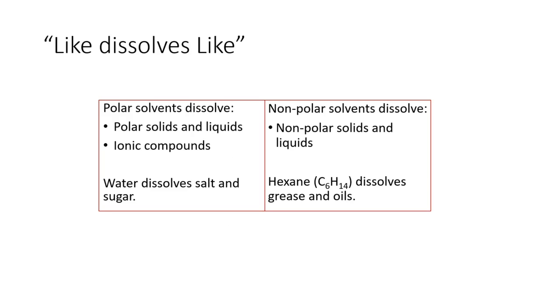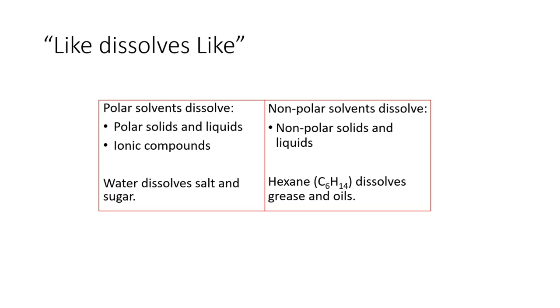You may have heard this term, and if not, it's a useful thing for the rest of your life to know that like dissolves like. So polar solvents dissolve polar solids and liquids and ionic compounds. So water is a great solvent for many ionic compounds, as well as sugar and alcohols, because sugar and alcohols contain polar groups.